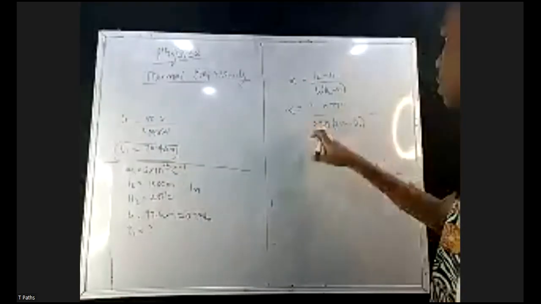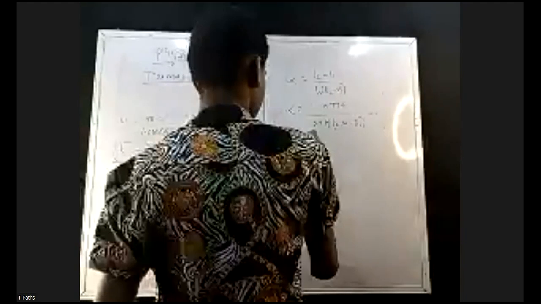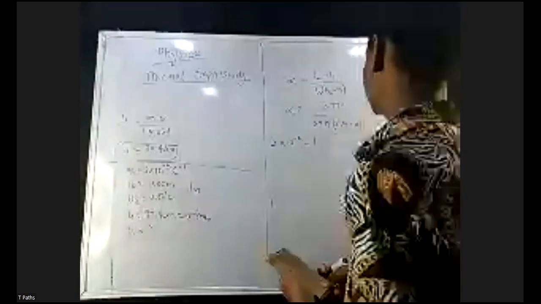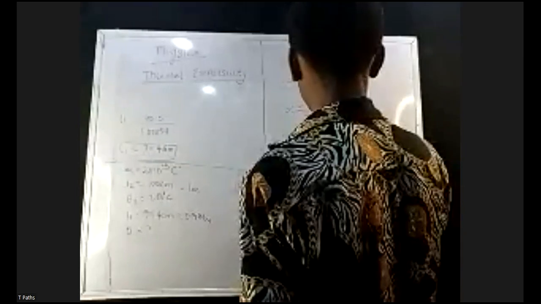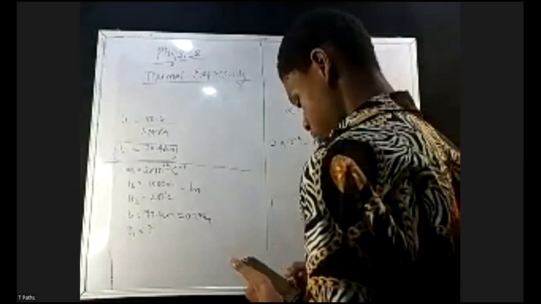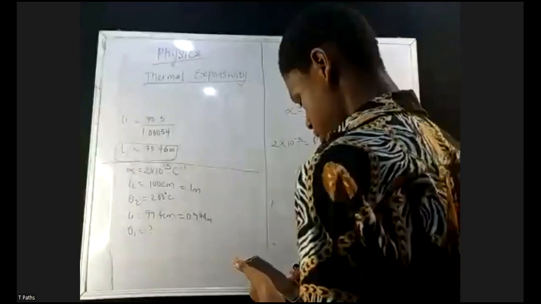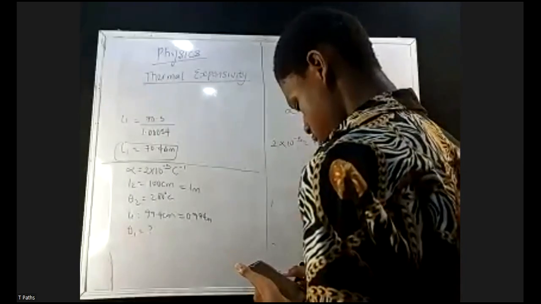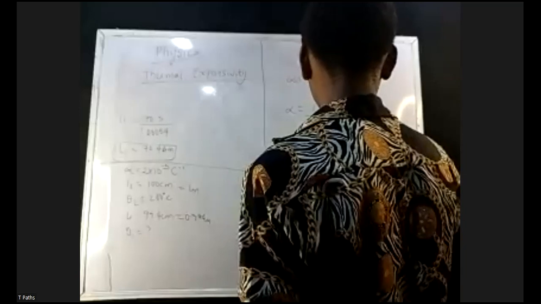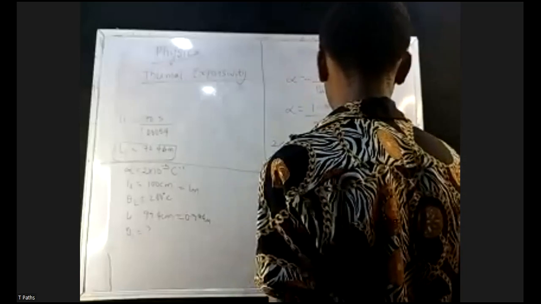So my alpha, which is linear expansivity, 2 times 10 to the power minus 5, is equal to 1 minus 0.994, which gives me 0.006, divided by 0.994 times 200 minus theta 1.